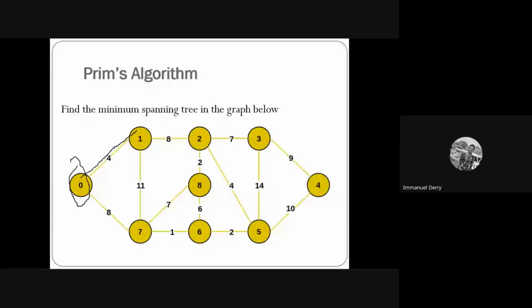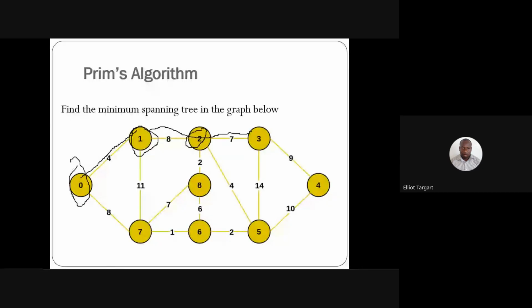You said 2 and 7. Yes, node 2 and node 7. But the least is the one with weight 7, so we take it. Okay, so we go to node 7. No, node 2.